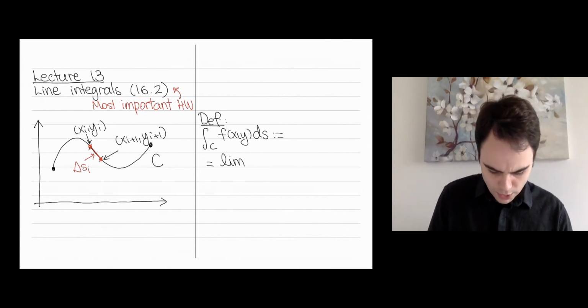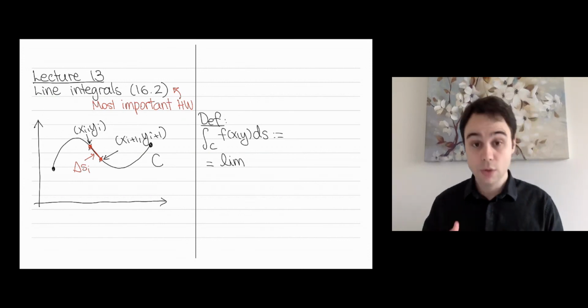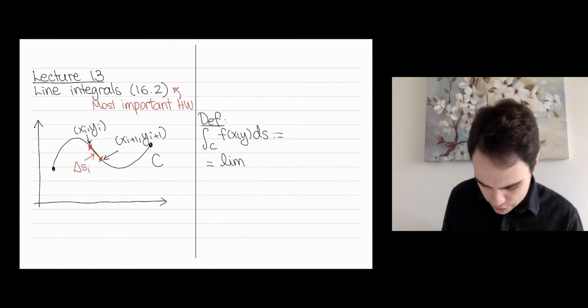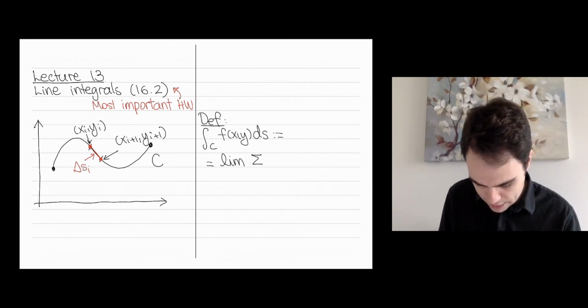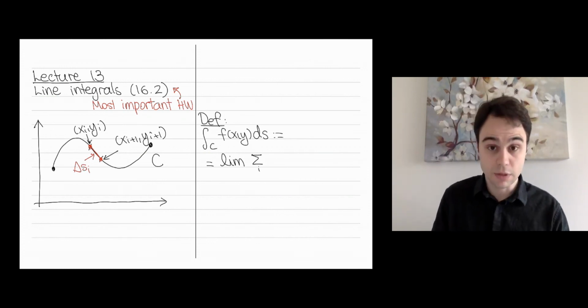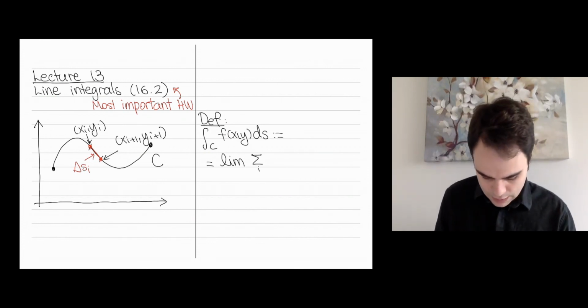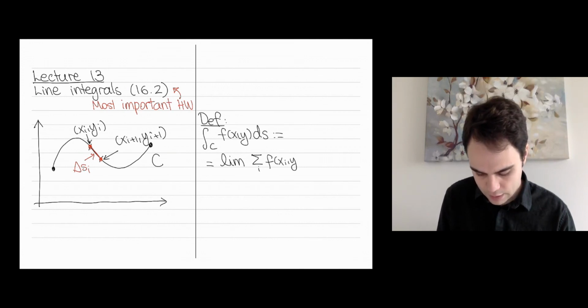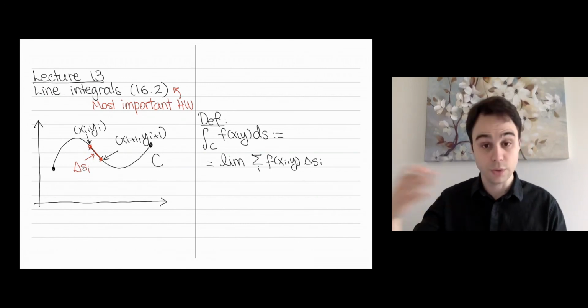Okay, so we're going to take a limit of Riemann sums, and here's the Riemann sum. We add over each piece in the subdivision the value of the function at the ith point multiplied by the length of the segment to the next point.